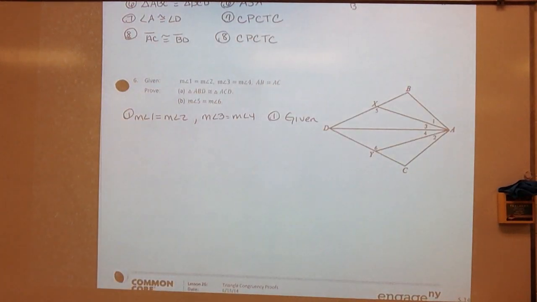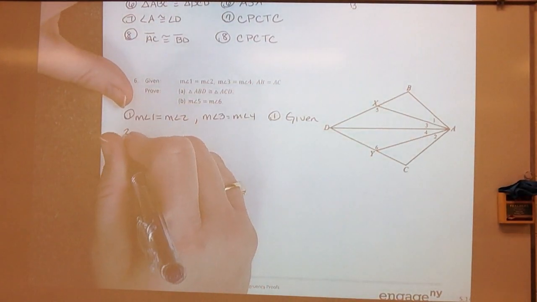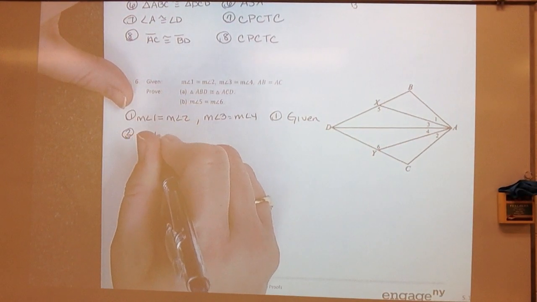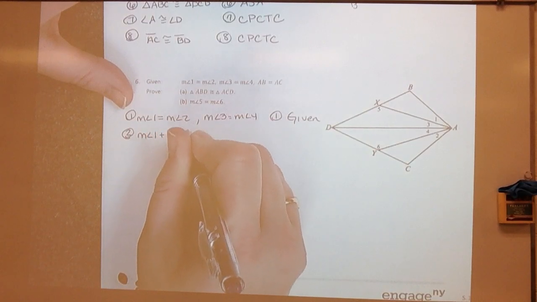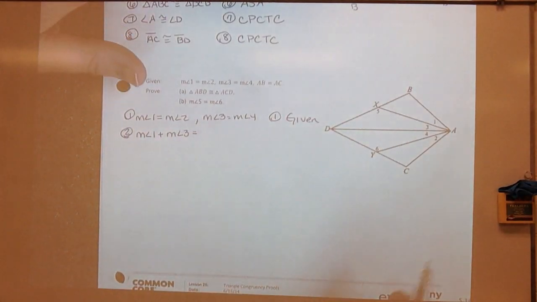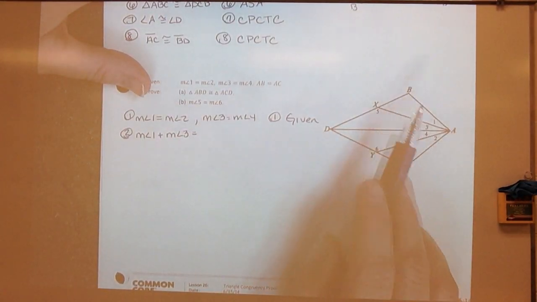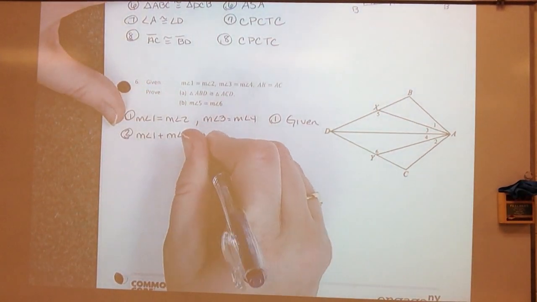So what do I know about angle 1 and angle 3, and angle 2 and angle 4? I know that the measure of angle 1 plus the measure of angle 3 would give me angle DAB.